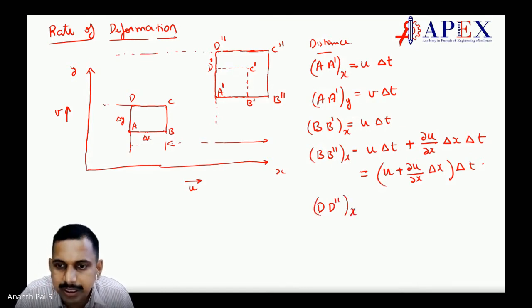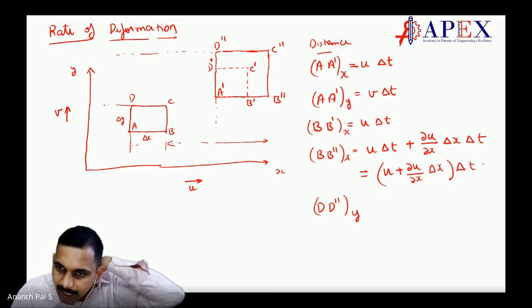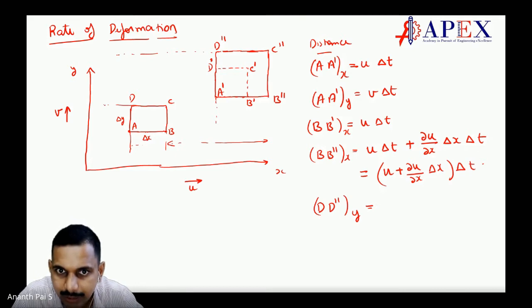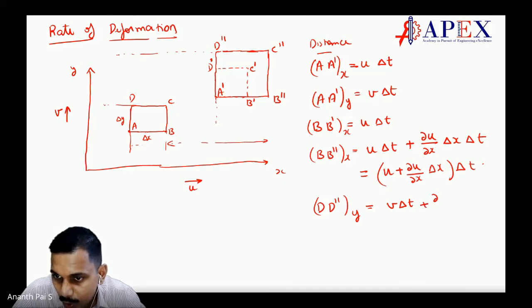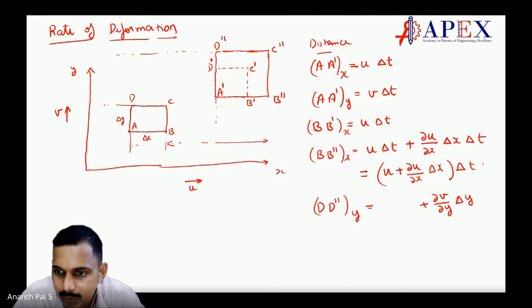D to D double dash along y, if we take, x is the same. Along y, it would be v into delta t, correct? Plus dou v by dou y into delta y into delta t. Let us take delta t outside, into delta t. Any doubt, students, here? Is that clear?